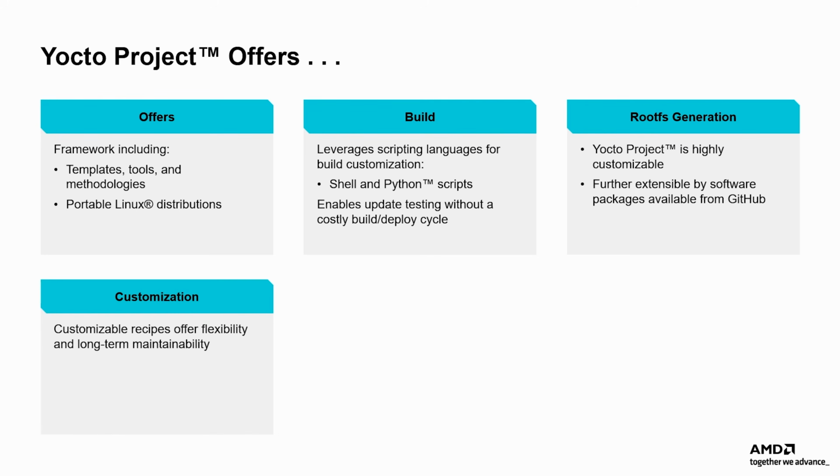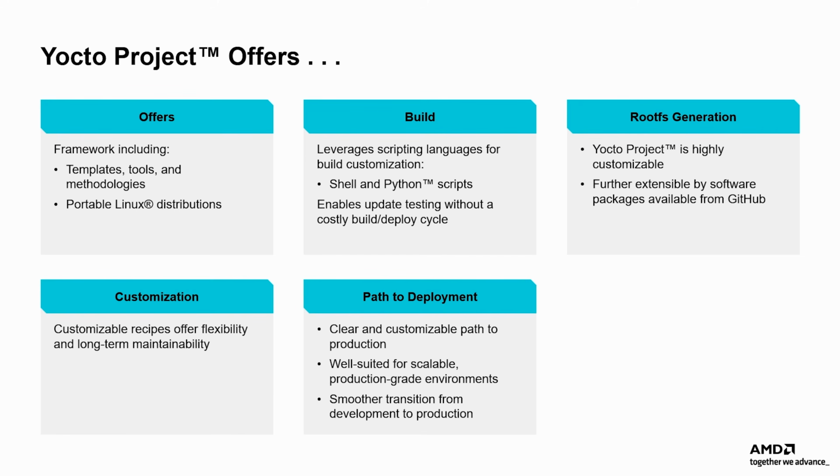Yocto project's customizable recipes require some expertise but provide more flexibility, scalability, and long-term maintainability, making it a superior choice for tailored Linux distributions. Yocto project provides a clear and customizable path to production by allowing developers to build highly optimized Linux distributions tailored to specific hardware and requirements.